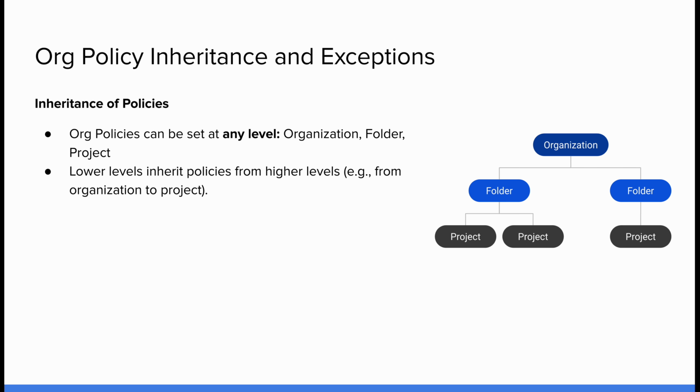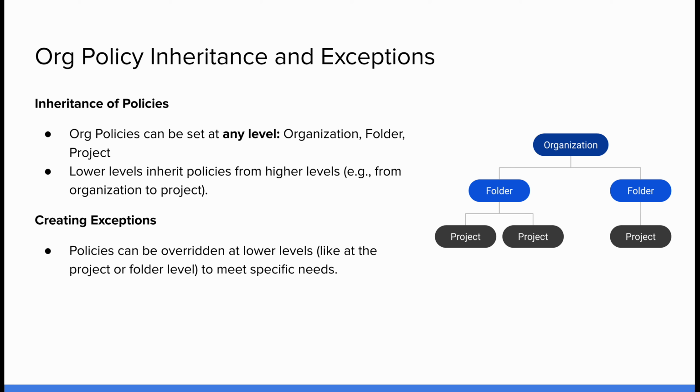Now, this brings us to the concept of creating exceptions. So at the lower levels, like at the project or folder level, you can override policies inherited from higher levels. This allows you to meet specific needs for your specific team or for your specific department. These exceptions can either relax the policy, making it less restrictive, or tighten the policy, making it more restrictive based on the requirements of that specific project or resource.